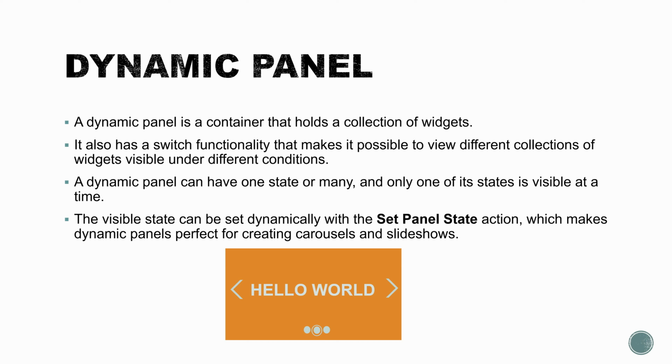Another good thing about the dynamic panel is that it comes with a switch, meaning that you can decide to show one collection of widgets at one time and another collection of widgets at a different time. Usually dynamic panels are set to be hidden, but you can always change the state of the panel by selecting the set panel action in the interactions pane.